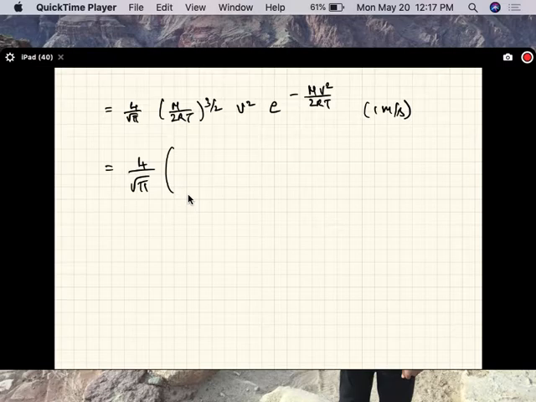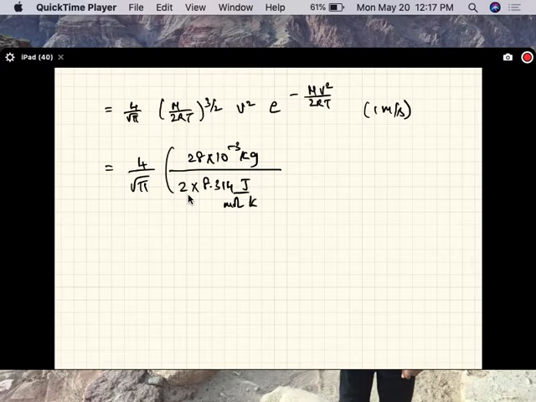The mass of 1 mole of nitrogen gas is 28 grams, so 28 times 10 to the minus 3 kg. 2 pi R, with R equal to 8.314 joules per mole per Kelvin, and T is 300 Kelvin. All this to the power of 3 halves. v squared is 290 meters per second squared.